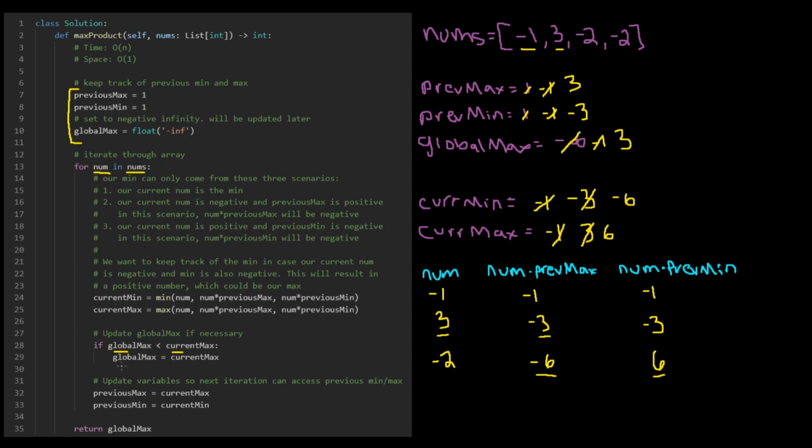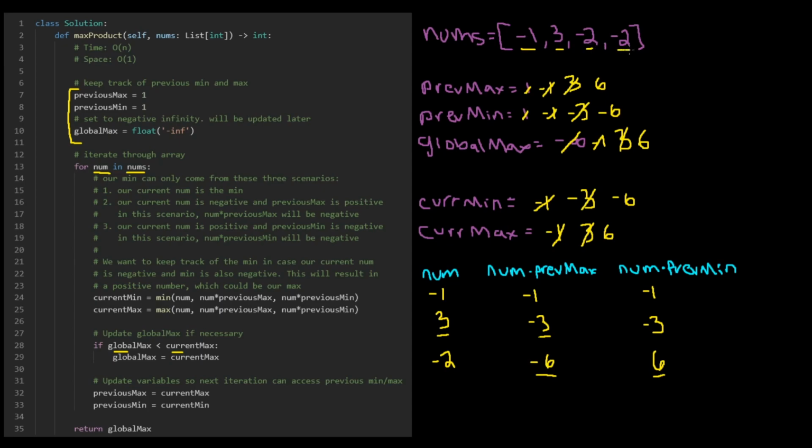And now we check again to see if our global max is less than our current max, and it's true because it's currently 3, but our current max is 6. So we're just going to update that. And then now we just update the variables of previous min and previous max. So our new previous max is going to be 6, then our previous min is going to be -6.